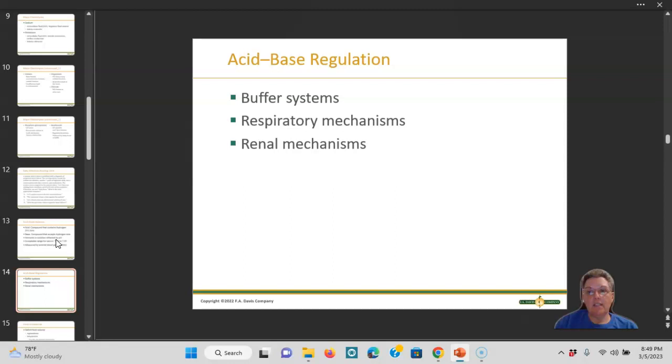If we're getting a little acidic, we might increase our respirations. If we're getting alkalotic, we might slow down our respirations. And then renal will eventually catch up for us. The renal system will allow more or less out of the system.